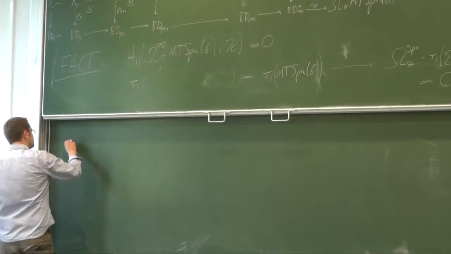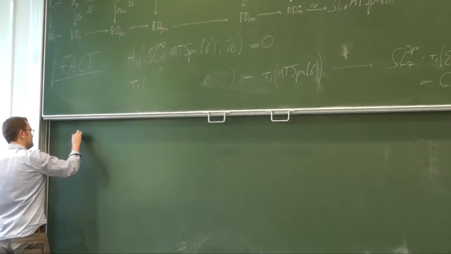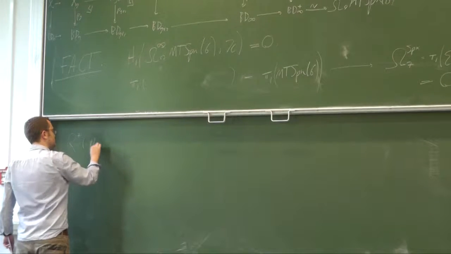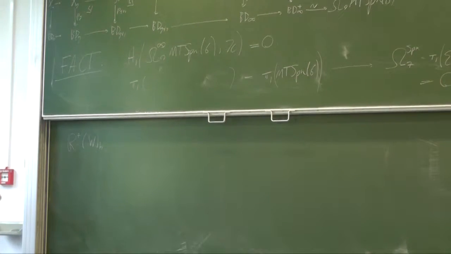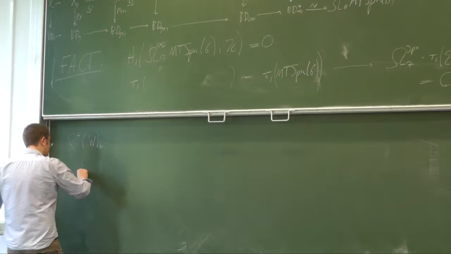And what I want to do, remember I started with this square. There's some manifold with a boundary, with a metric on the boundary. I have this square.